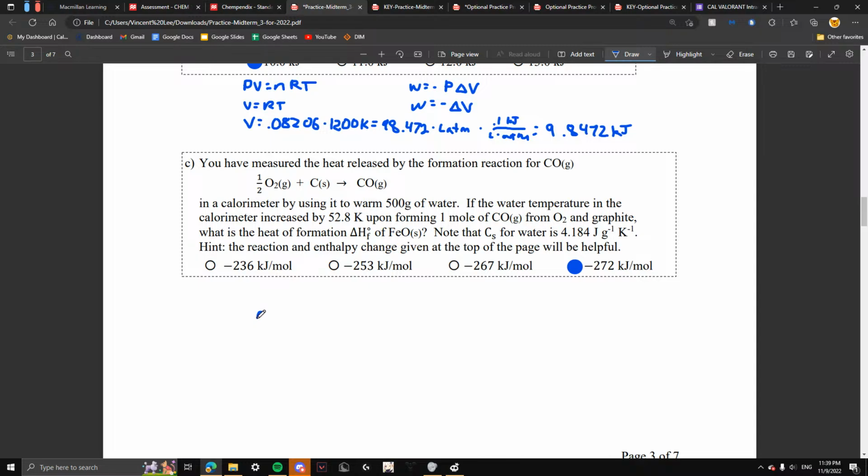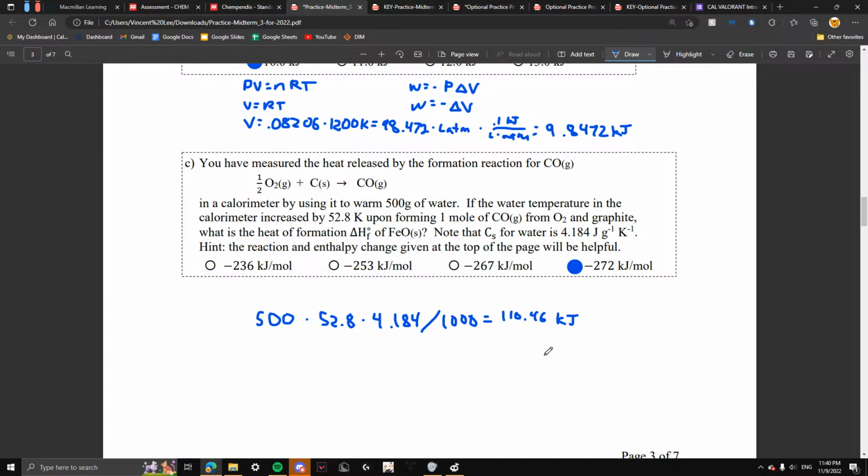So it's literally just 500 times 52.8 times 4.184 divided by 1000, because we want this in kilojoules because our answer's in kilojoules. So 500 times 52.8 times 4.184 divided by 1000 is 110.46 kilojoules.